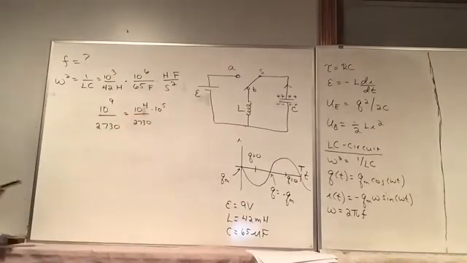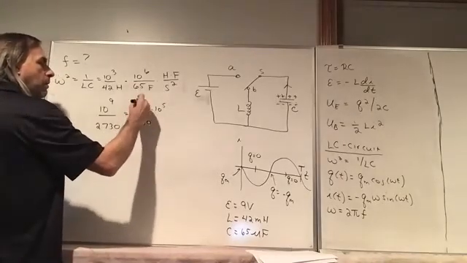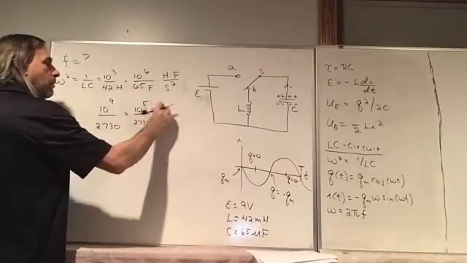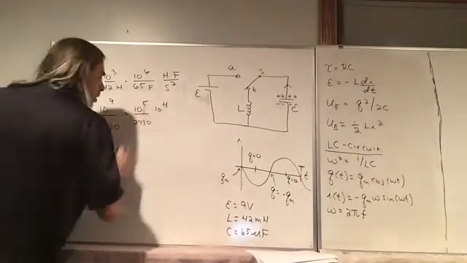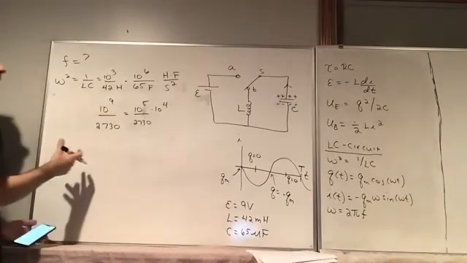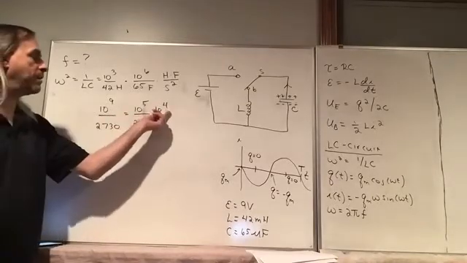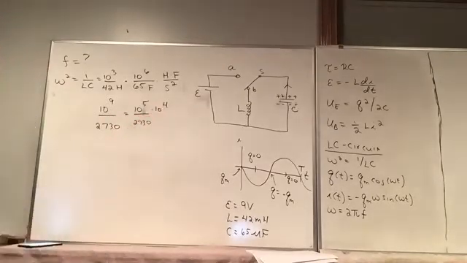So 1,000 obviously wouldn't be big enough to get this in scientific notation. I'm going to do this: 10 to the 5th over 2730, because this exponent's a little too high, of course. We'll get a number greater than 10. But when we take the square root, taking the square root of 10 to the 4th will just give us 100.